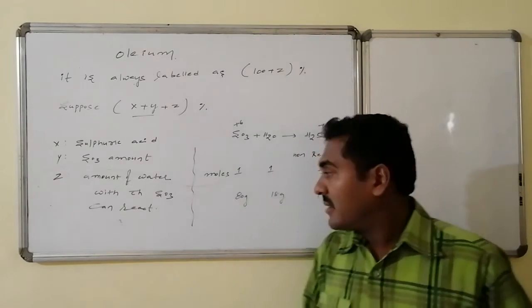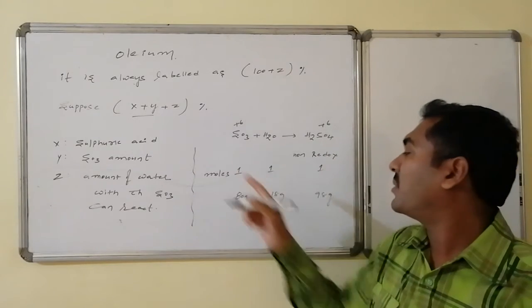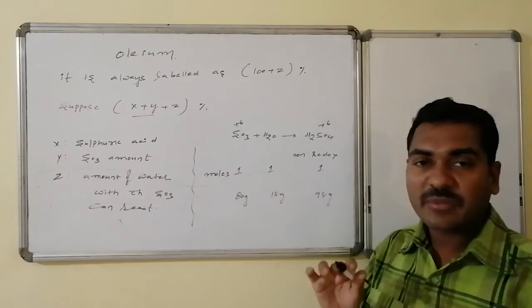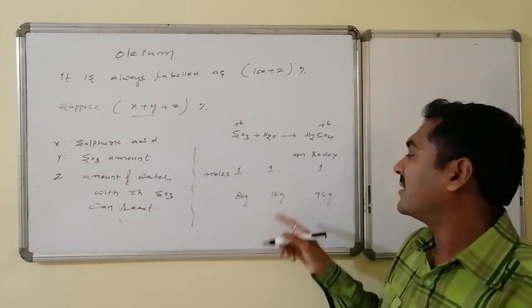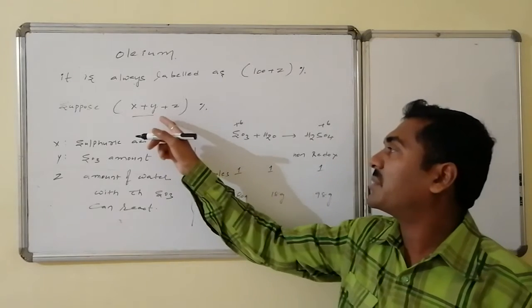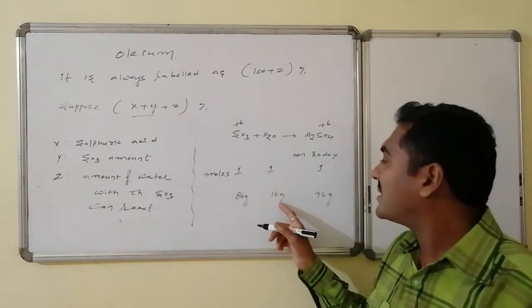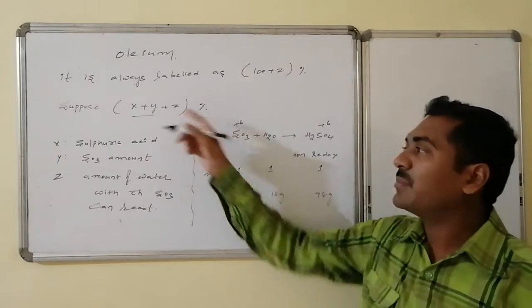Thus, Z stands for this: suppose it is 18, what is the meaning? With 18 grams of water, that 100 grams of mixture can combine. Then what is going to combine there? Sulfur trioxide. What is the amount of sulfur trioxide present? If this is 18, this is 80. If this is 9, this will be 40. If this is 4.5, this will be 20.